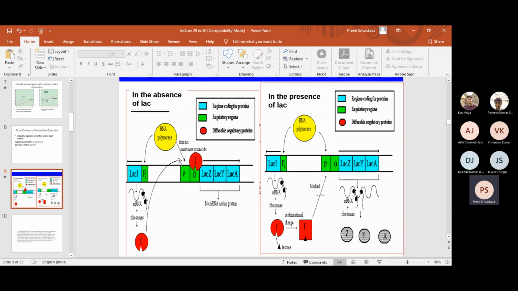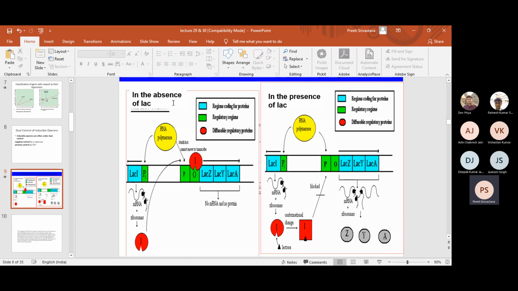When the lac repressor binds to the operator, RNA polymerase cannot proceed; it will bind to the promoter, but the lac repressor serves as a roadblock. Because of this roadblock, no mRNA of lacZYA will be made, and therefore no protein will be made.